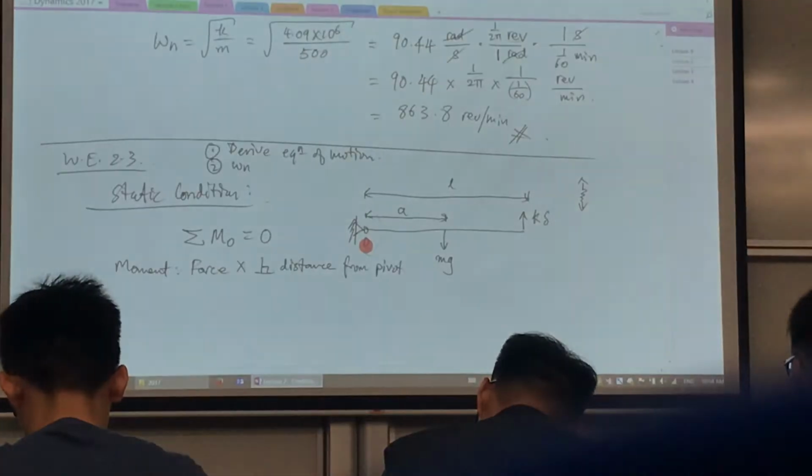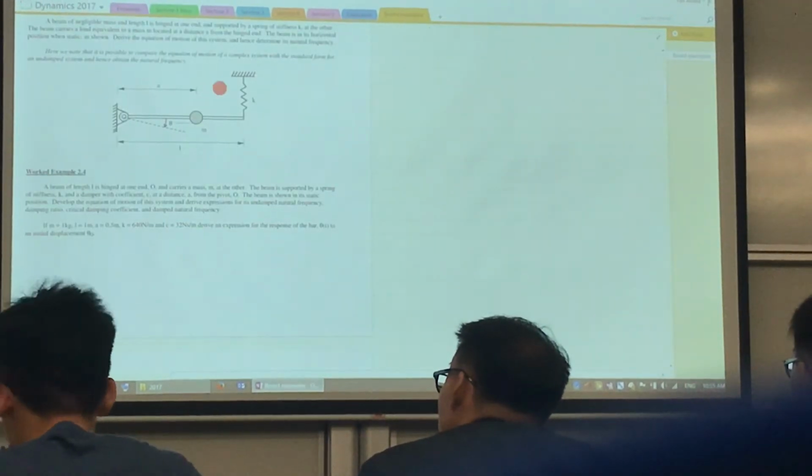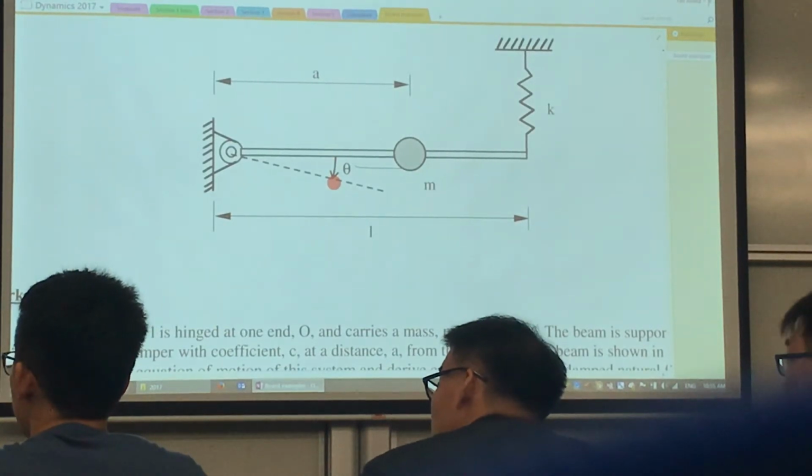So clockwise, would it be a positive or negative value? We look at the convention that's given to us. Over here, it says this clockwise direction is considered positive.